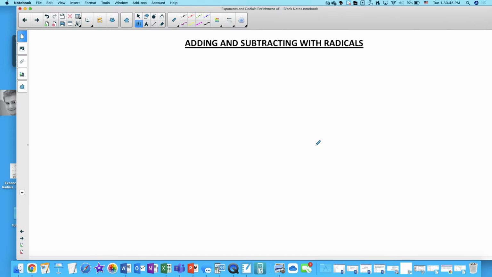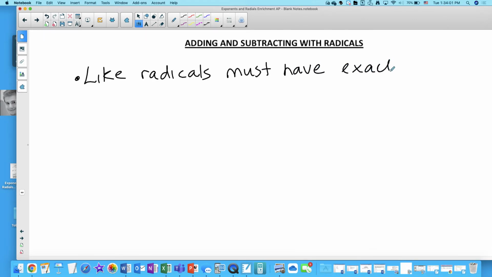Like radicals must have the exact same index and radicand.